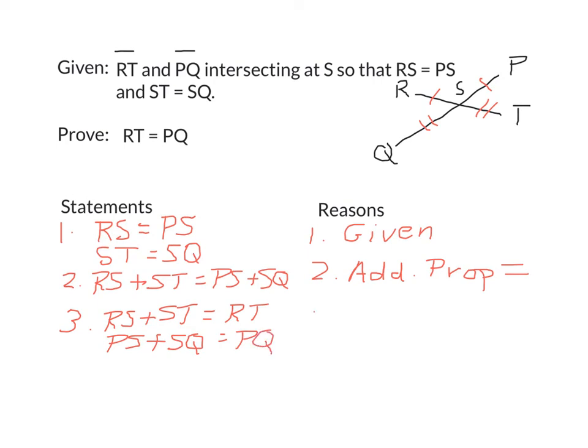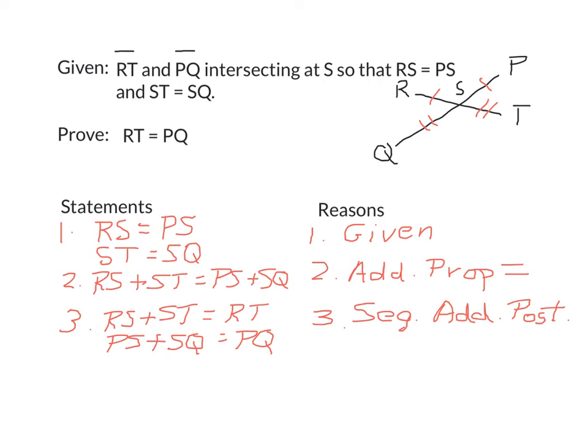So what's the reason for step 3 here? The reason here is segment addition postulate. Now you could write the postulate number. It's sufficient to just say segment addition postulate. You could also explain it in words if you wanted to, but since it's fairly well known as the segment addition postulate, I just write it as such.